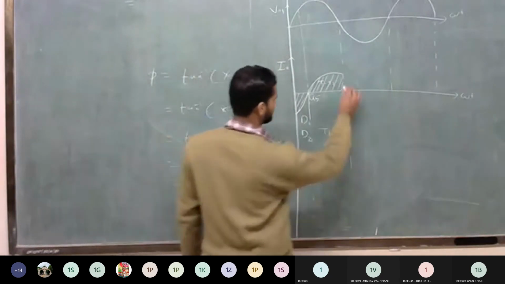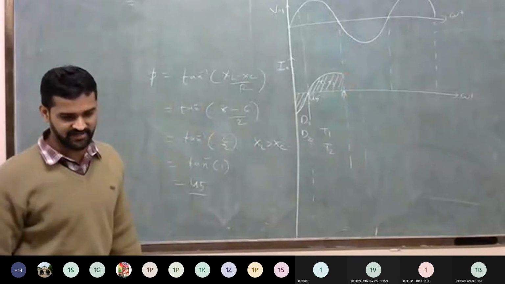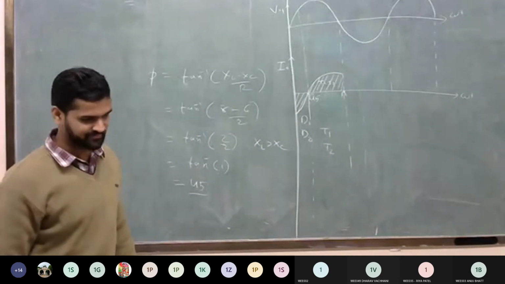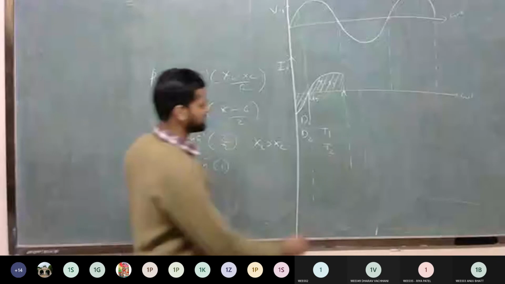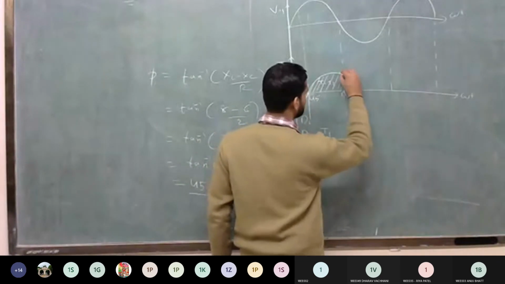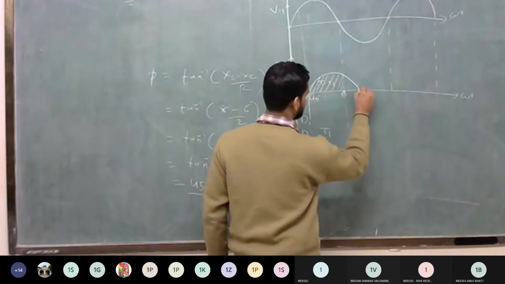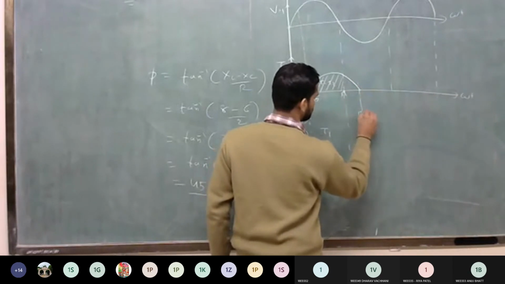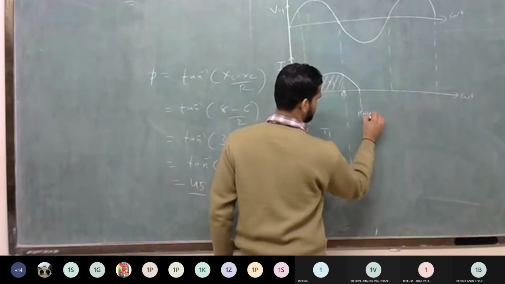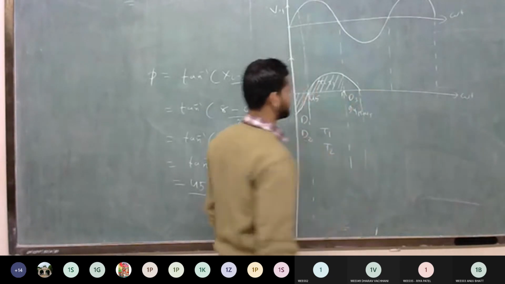So you can see that after this pi degree, what will happen? Which diode is conducting? D3, D4, up to this angle 180 plus 45. Clear? So at this angle pi to pi plus 45, your diodes D3 and D4 are conducting.